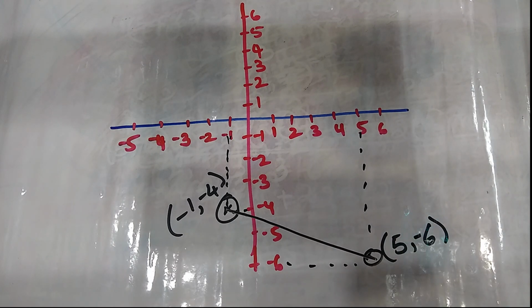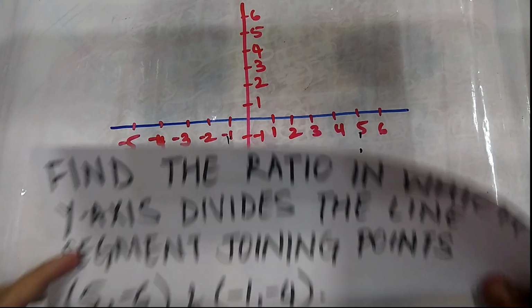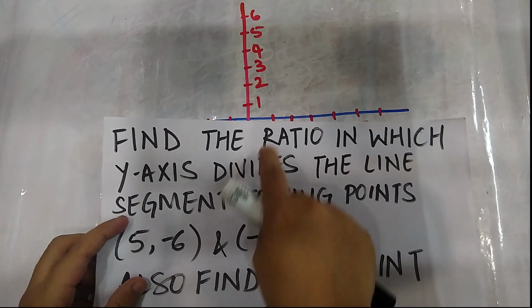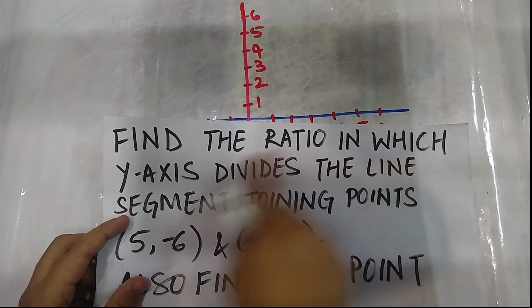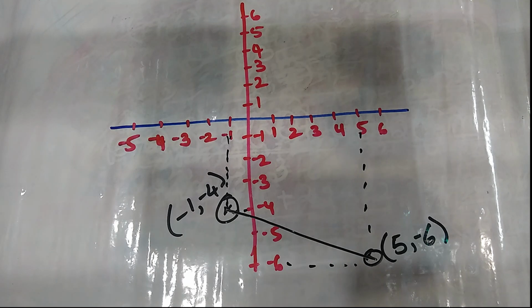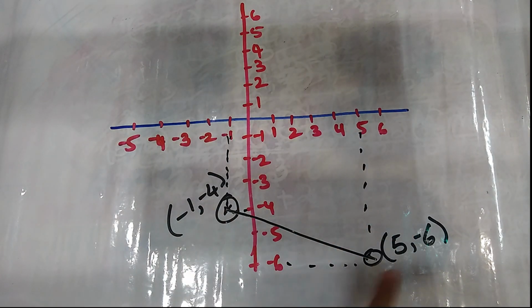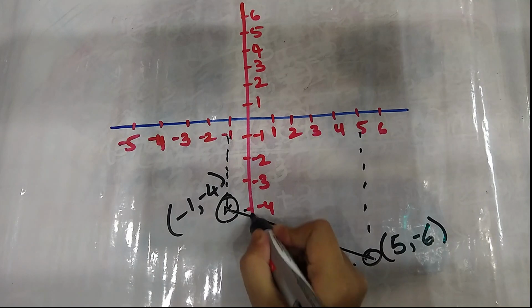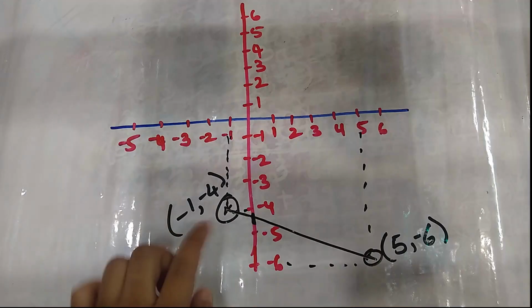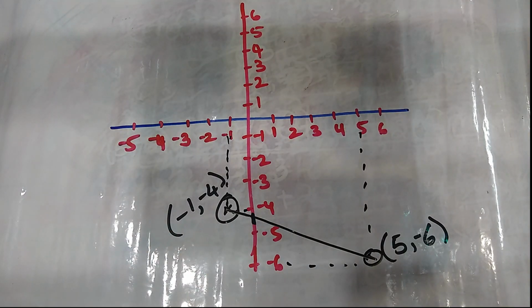Now that the picture is clear, let us get back to the question. These two coordinates are given. We have to find the ratio in which the y-axis divides this line. You can see that the y-axis is dividing this line at this point.